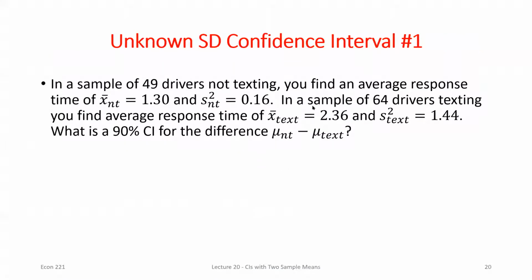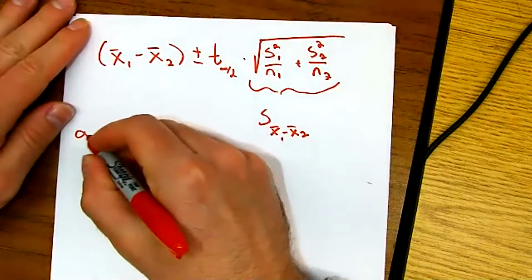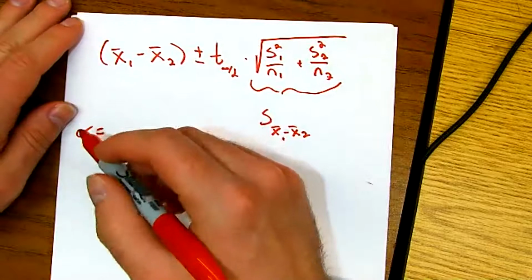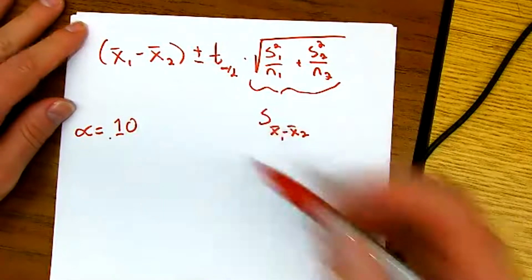If we look at a problem and put some actual numbers to this, I've got drivers who are texting and drivers who are not texting. So I've got the sample mean response time, sample variance, and the sample size. If I want a 90% confidence interval for the difference between non-texters and texters, what would that be? If I want the 90% confidence interval, alpha is the total area outside my confidence interval in decimal form, so 0.10.